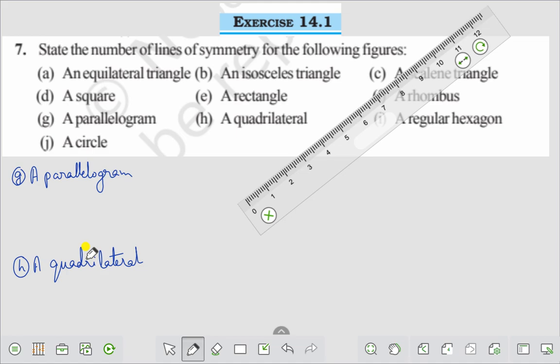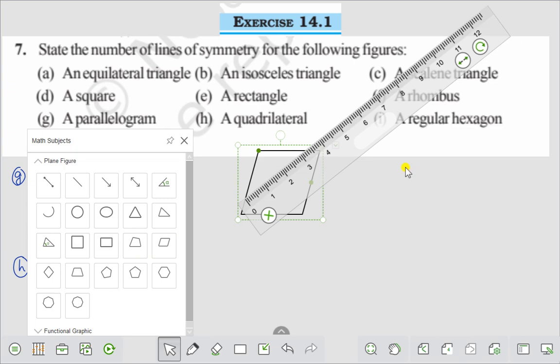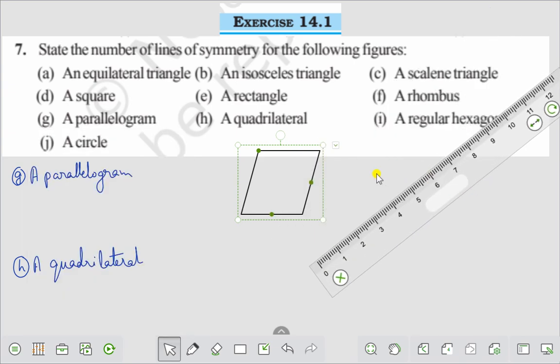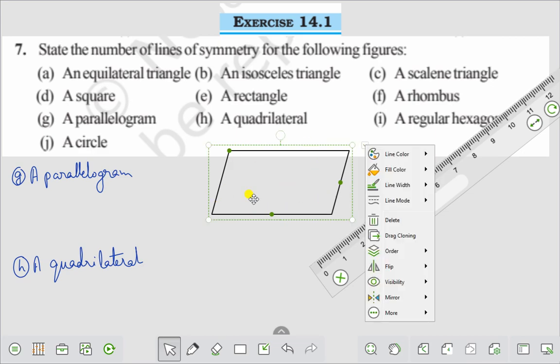If I take a parallelogram, suppose we have taken a parallelogram like this, okay? In case of a parallelogram, you find that there is no line of symmetry.